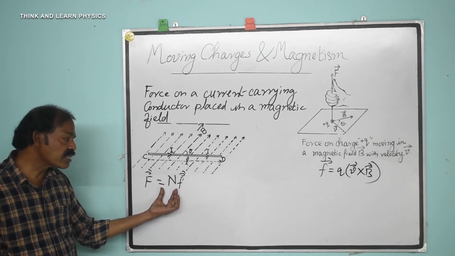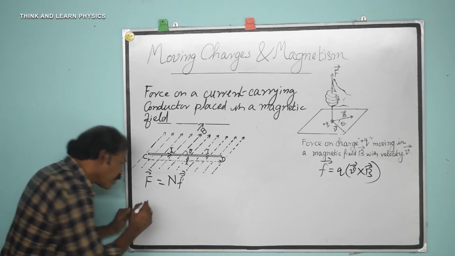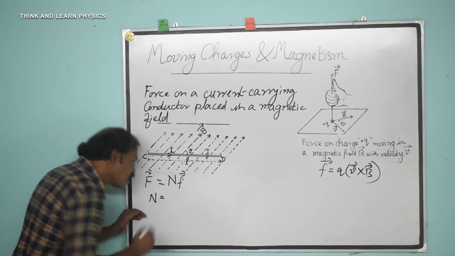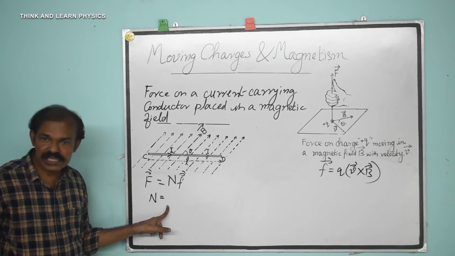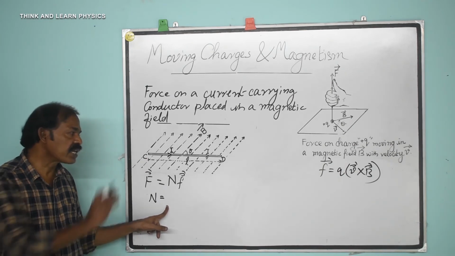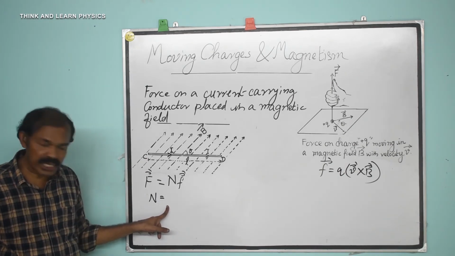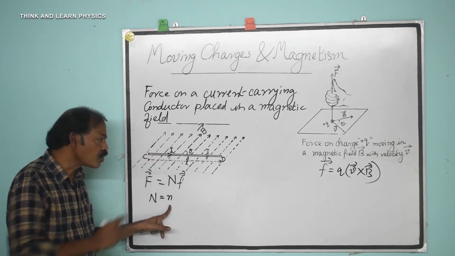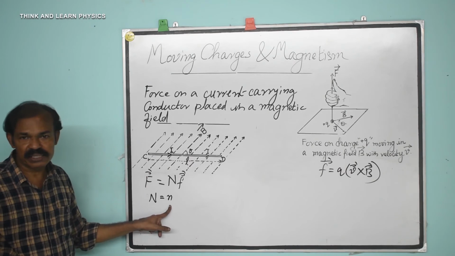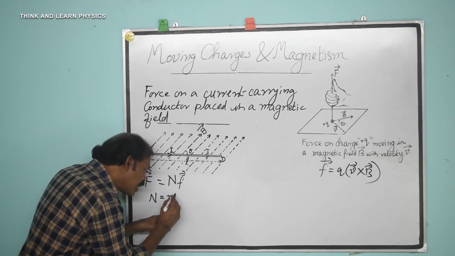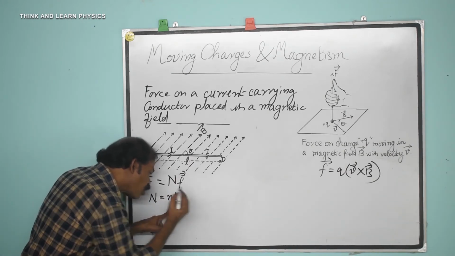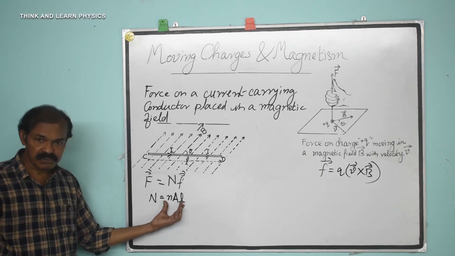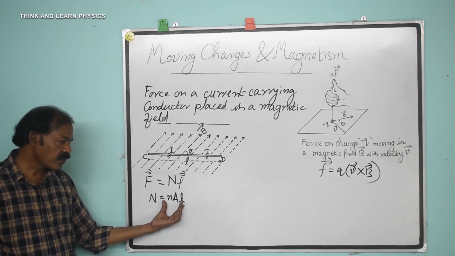Now we can calculate capital N: the number of charge carriers per unit volume of the conductor may be taken as small n, then N equals the number of charge carriers per unit volume into the total volume of the conductor, that means area of cross-section capital A into length of the conductor. This is the total number of charge carriers inside the conductor.